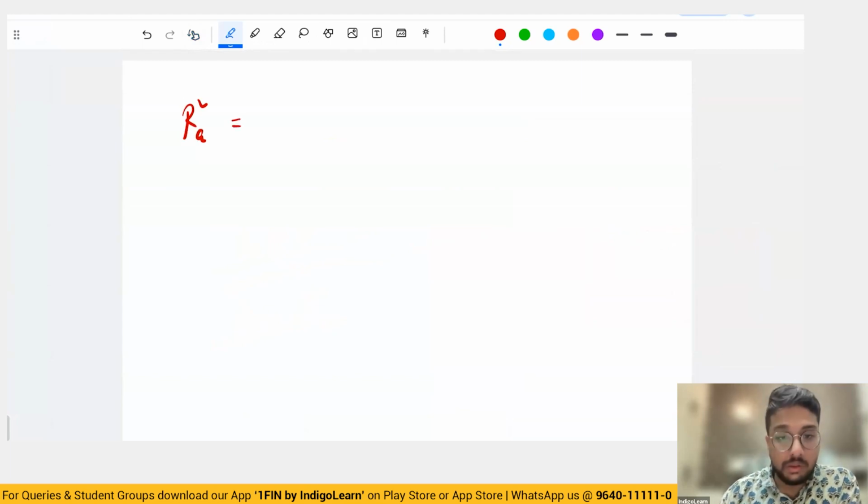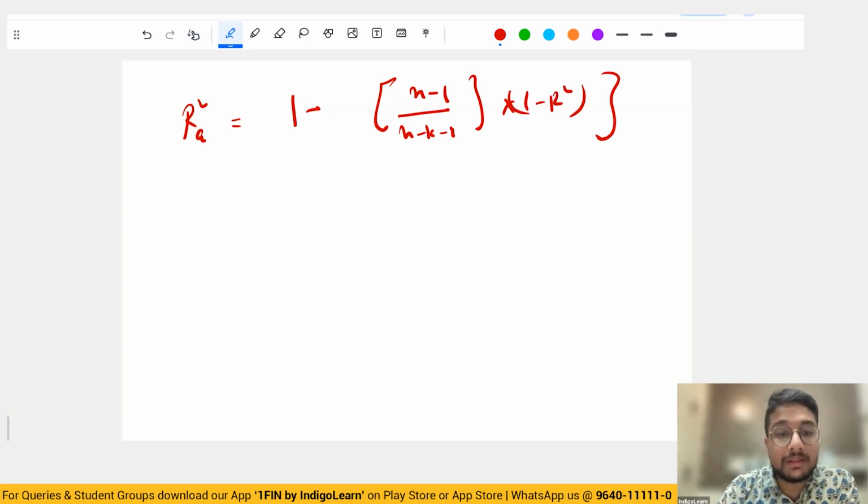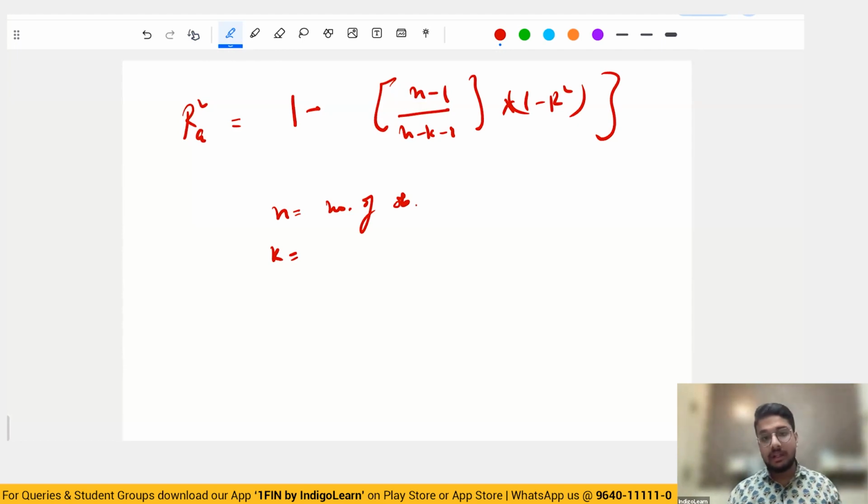R square A is equal to 1 minus, bracket, n minus 1 upon n minus k minus 1, into 1 minus R square, where n equals the number of observations and k, in the entire regression which you will study, always denotes the number of independent variables.